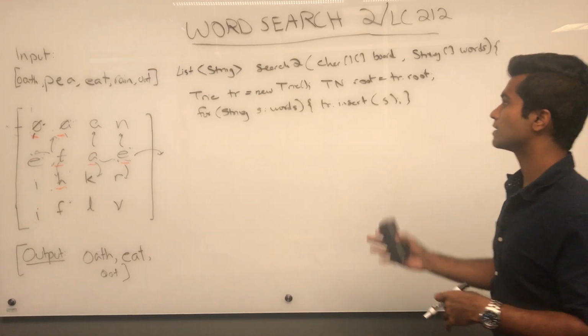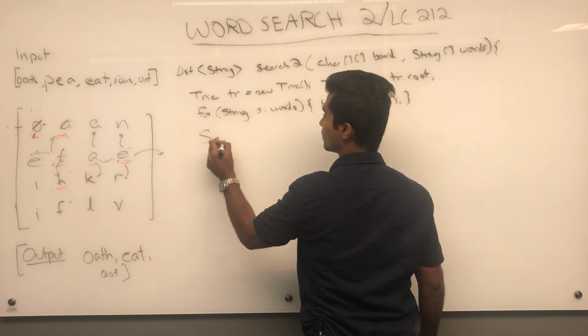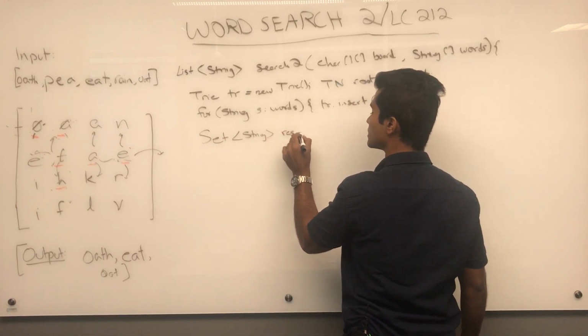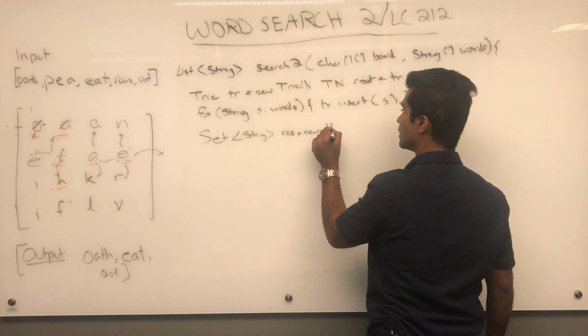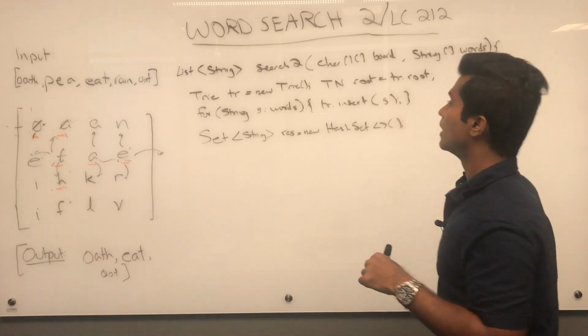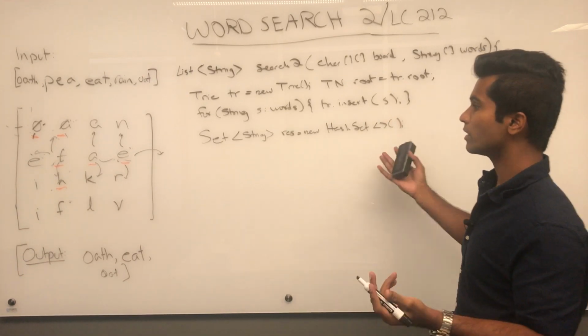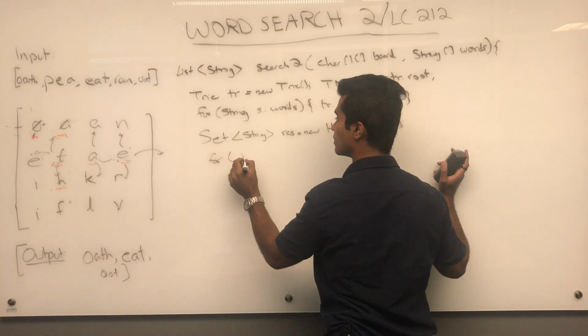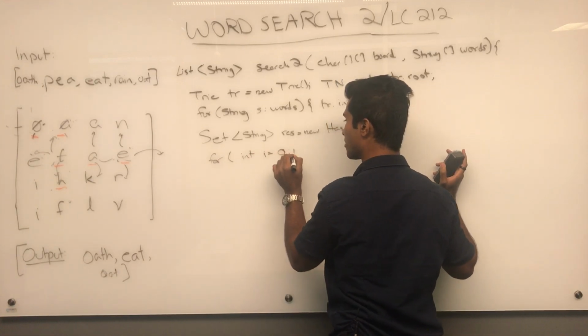What else? Okay, let's have a set, to prevent any duplicates. Set, call it res, and new hash set. Okay, I think that's what we have. Now we just iterate through our board.